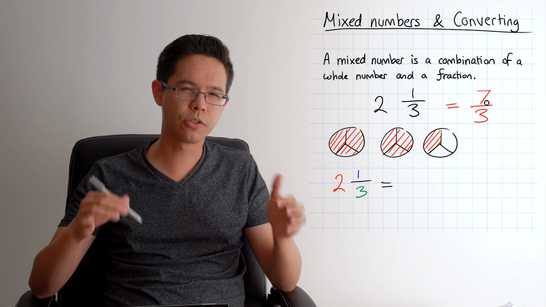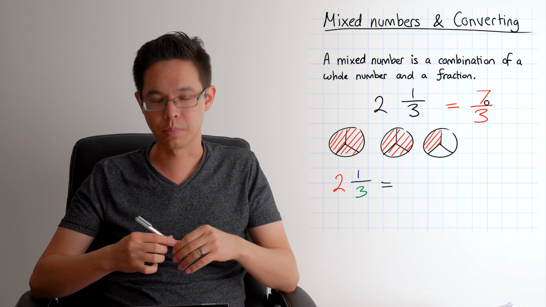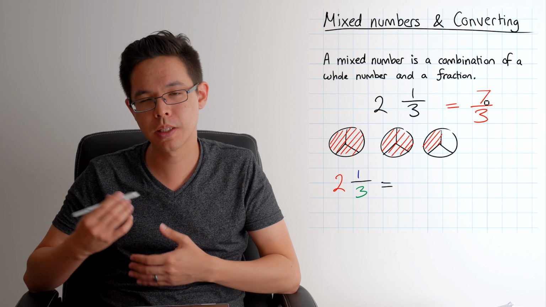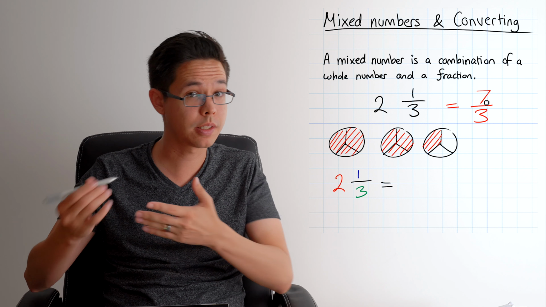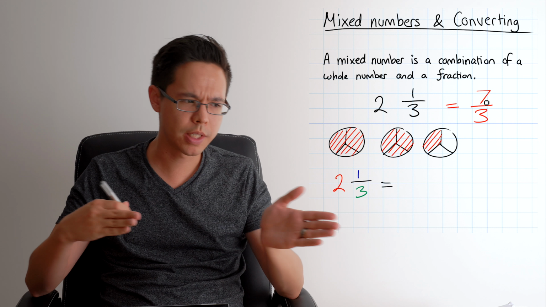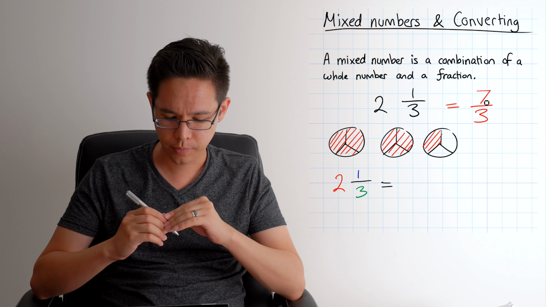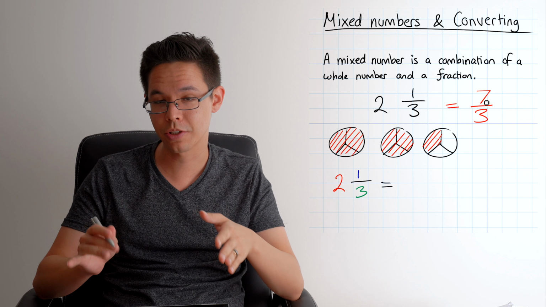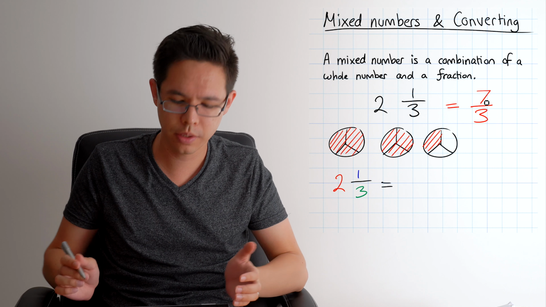But you can't always draw these pies, especially when the fractions and the whole numbers are much bigger. So there must be a better system that gives us the same result, but is an easier method. Here I've color-coded it. For the same question, 2 and 1/3, I'm going to show you the mathematical approach.